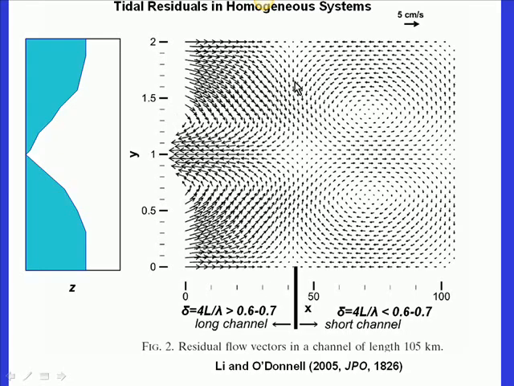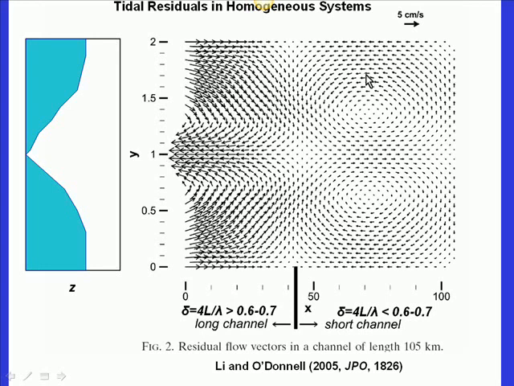So the mean flow, this is mean flow produced by tide. So in short channels, you should expect a net inflow in the deep part and a net outflow over the shallow part. And when you go to deep channels, to long channels, you should expect net inflow over the shallow areas and outflow in the deep part, close to the mouth of the channel.